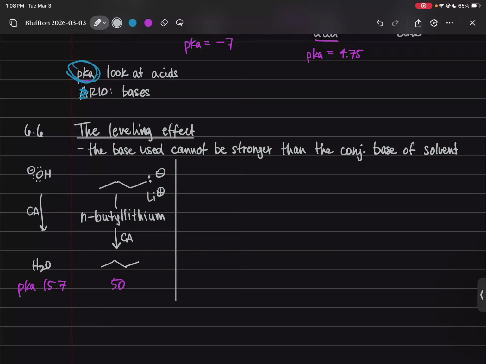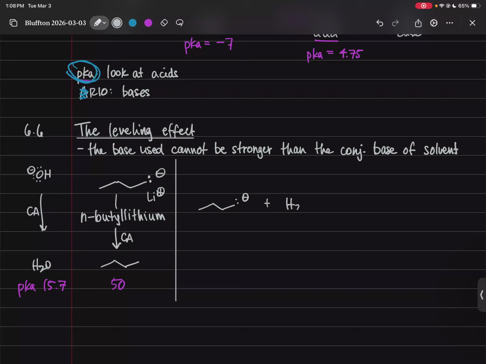Let's say we need to use this base, and we decide, okay, let's use water as our solvent for this reaction and use butyllithium as a strong base. I'm just going to draw the butyl anion.